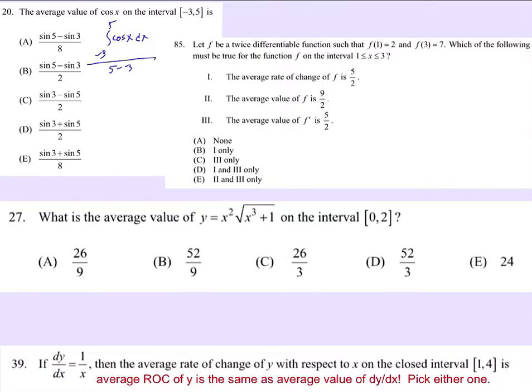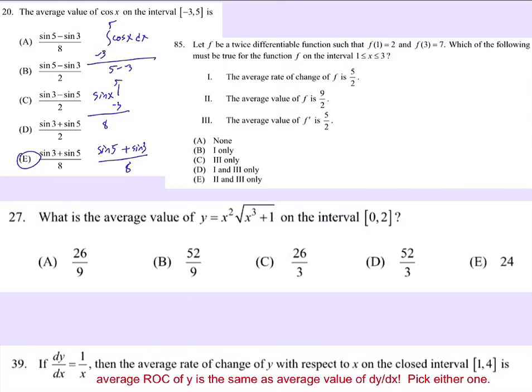Hopefully we can already see that we need an 8 in the denominator. And so the numerator would be the antiderivative of cosine of x, evaluated from negative 3 to 5, over 8. That would be the sine of 5 minus the sine of negative 3, over 8. So that's our answer.